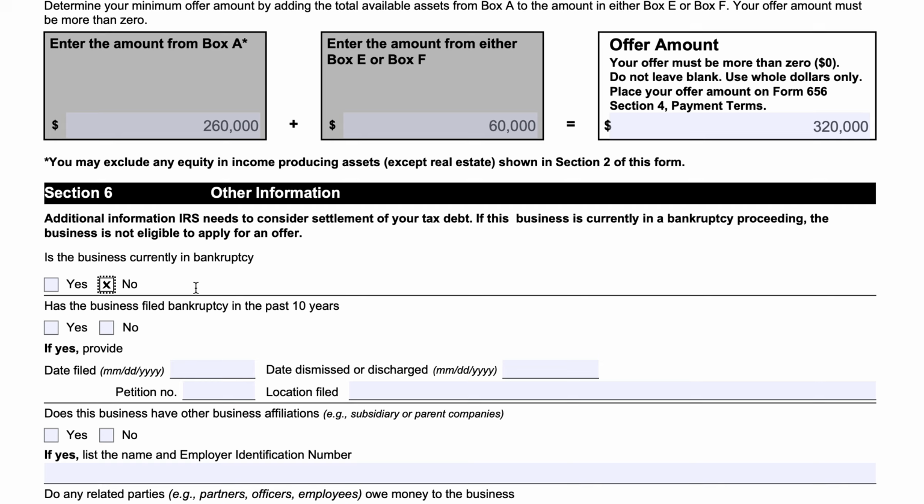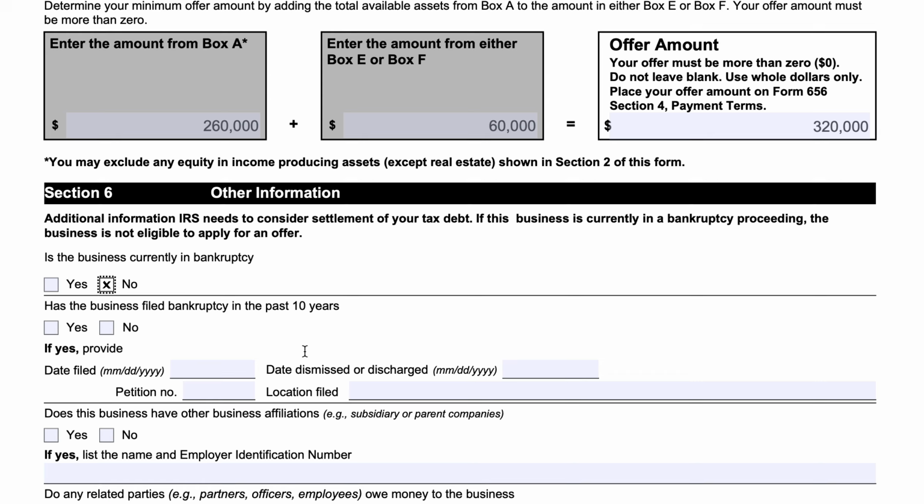So if you're going through bankruptcy, that might not be the case. The IRS will probably at least suspend collections until you emerge from bankruptcy and then reserve the right to come back and say, hey, remember those taxes you still owe us? Yeah. So that's how the IRS would generally think about that.